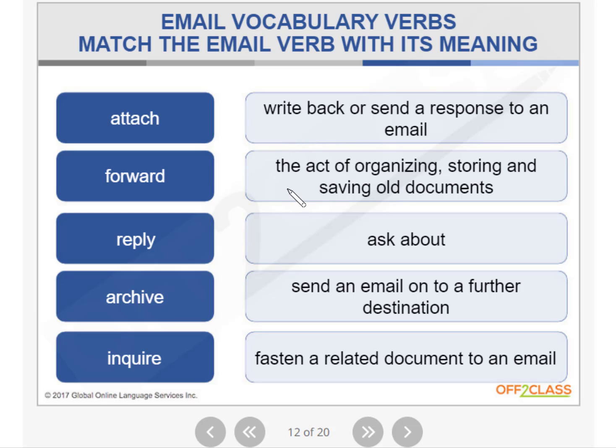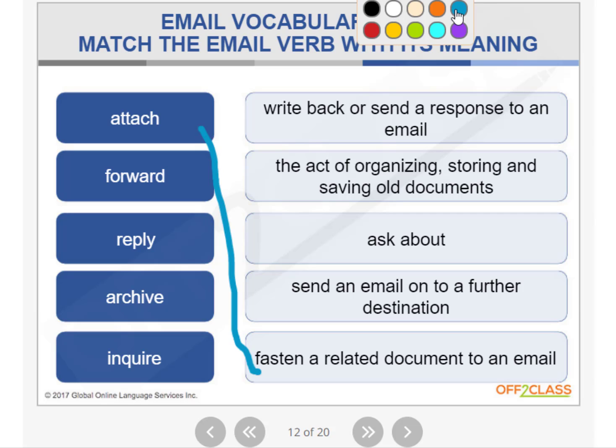Does that mean the act of organizing, storing, and saving of documents? Does that mean ask about? Does that mean send an email on to a further destination? Or does that mean fasten a related document to an email? For all of these, I want you to give me the proper meaning. So attach, for example, is fasten a related document to an email.